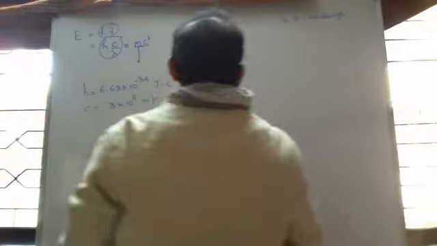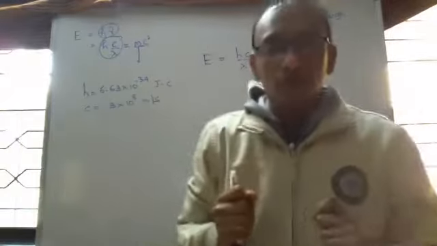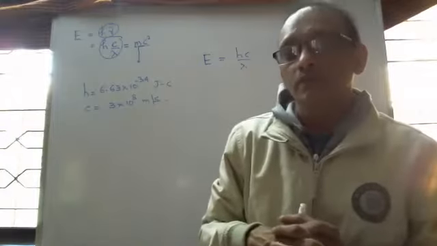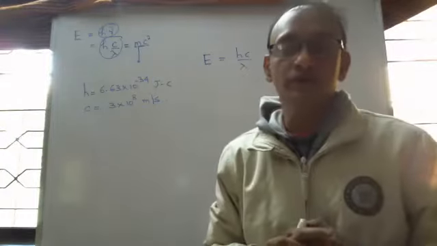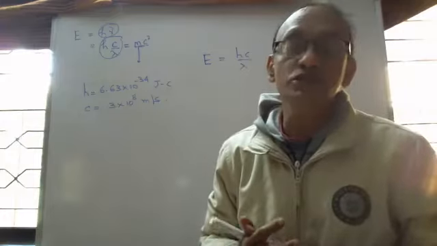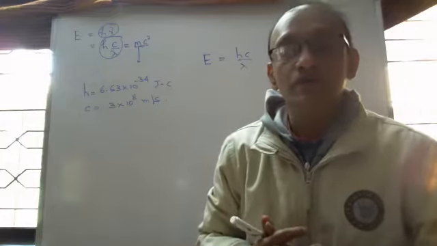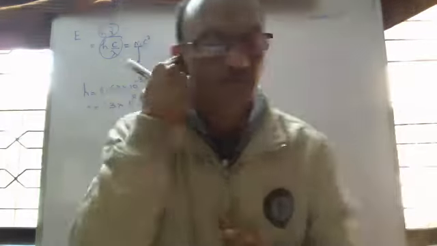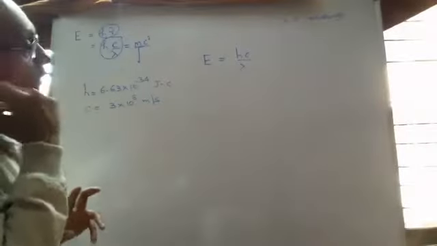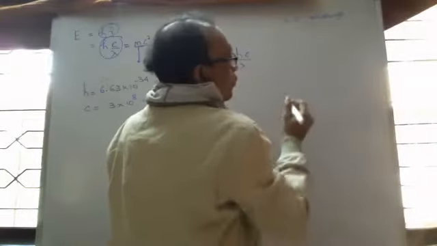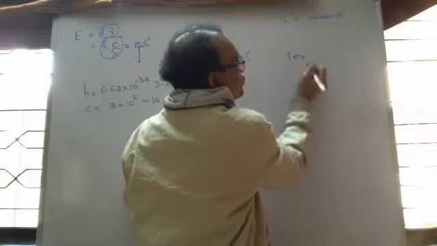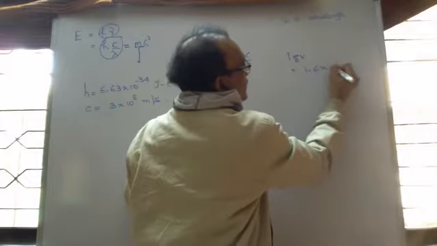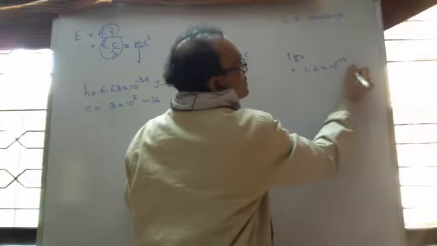Now, in the atomic, quantum mechanics domain, energy is best measured not in joules, but in electron volts. Well, what's an electron volt in terms of joules? 1 electron volt is like the charge on 1 electron, 1.6 into 10 to the power minus 19 coulombs.